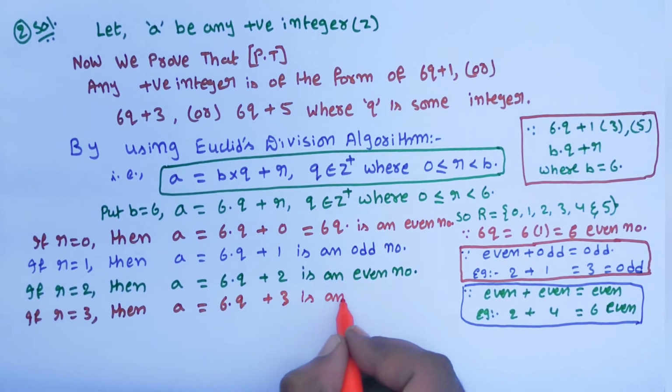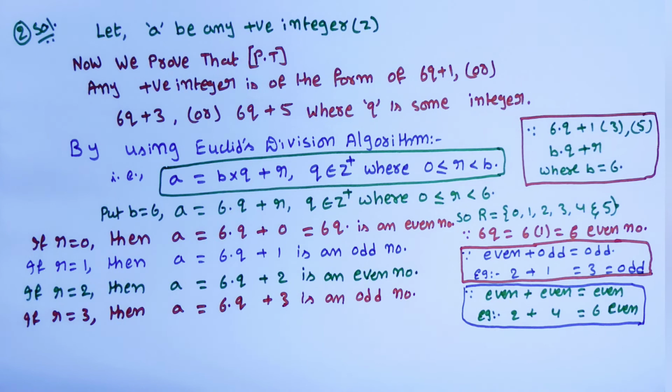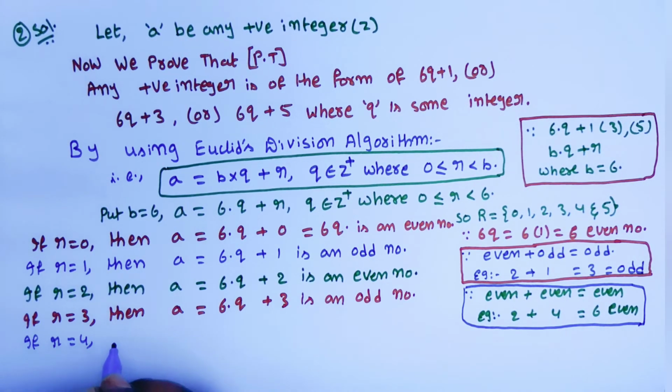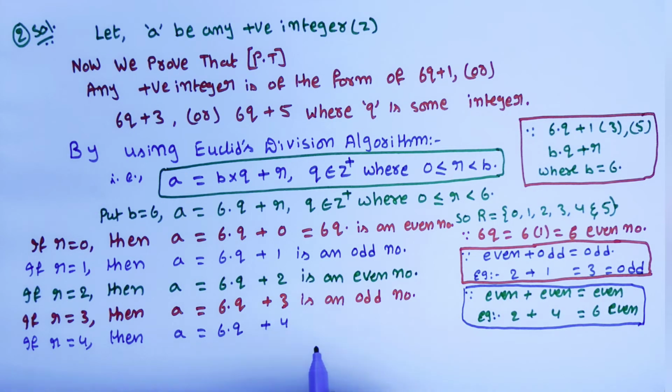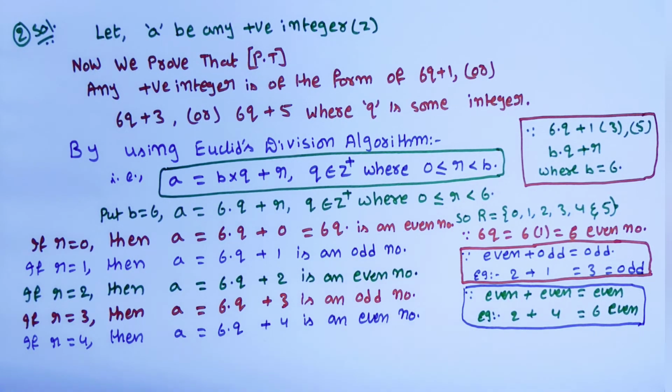That is, 6q plus 3 is an odd number. If r equals 4, then a equals 6q plus 4. So 6q means even, 4 is also even. Even plus even makes even. So 6q plus 4 is an even number only.